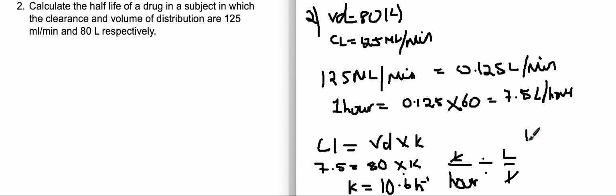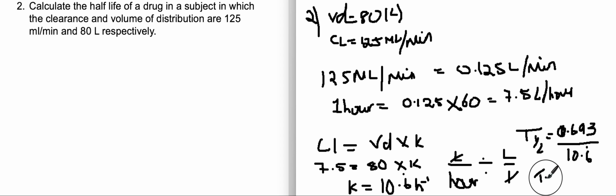Now what you can do is half-life, it's 0.693 divided by 10.6 recurring. So half-life is equal to 0.64 hours, or if you convert it into minutes, you times by 60 and get around 4 minutes.